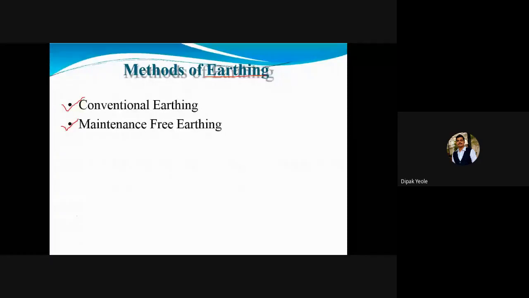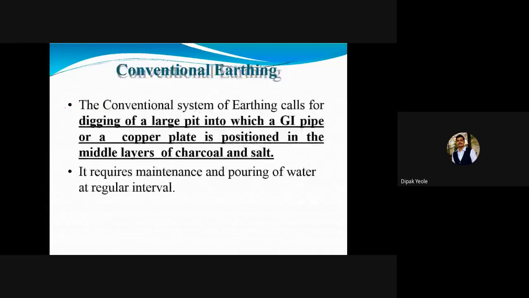So you can see from this word there is no maintenance required. But for the conventional, you can say, maintenance can be done for this earthing. Yes. So this is called conventional earthing and maintenance free earthing. We will see in detail one by one because it will be asked in the exam.